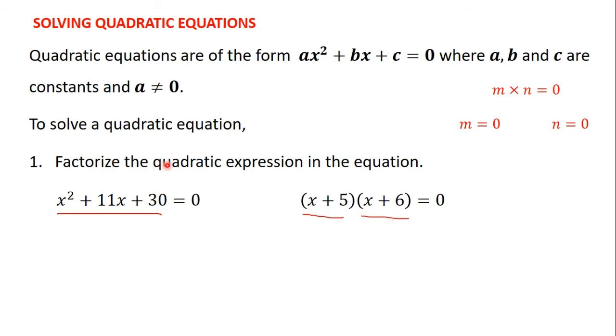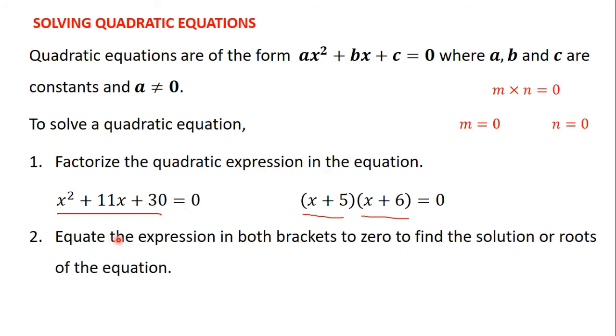So after we have factorized the quadratic expression in the equation, we will equate the expression in both brackets to 0 to find the solution or roots of the equation. You have seen that if two numbers are multiplying each other and you get 0, what it means is that the first number is 0 or the second number is 0.